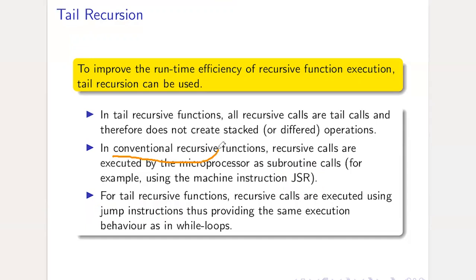Conventional recursion will be implemented using subroutine calls. In tail recursion, it will get implemented using jump instructions. Jump instructions do not require the storing of the state to a stack, so there is no context switch. So it is quite efficient.